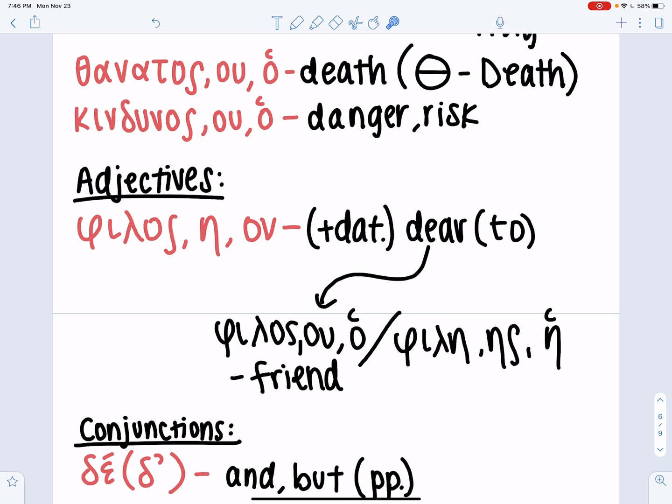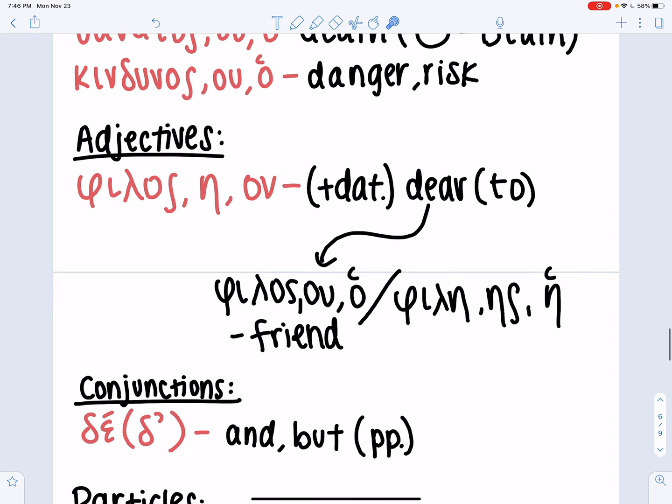Although the book that I'm using defines philos and phile, the masculine and feminine forms, as their own nouns. But really what's happening is that philos, the adjective, is being used as a substantive. But that makes sense, because if something's dear to you, then as a personified adjective, as a noun, they would likely be your friend, I would hope.